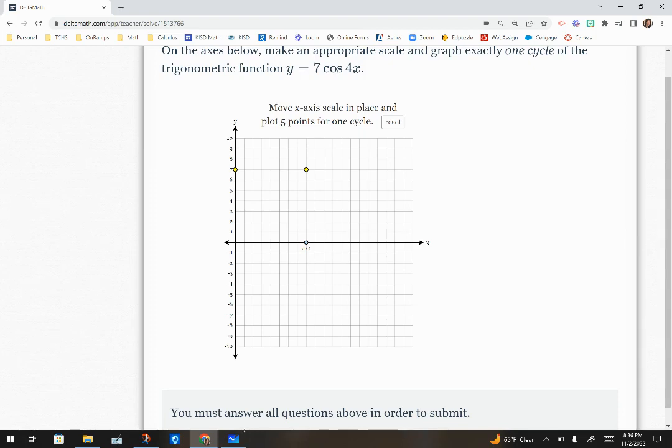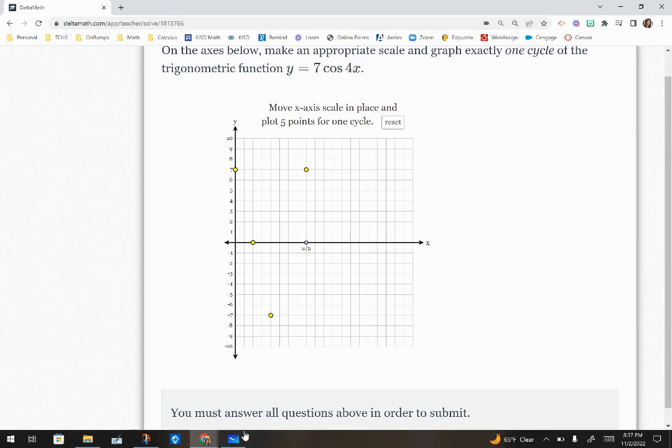And then I want you to find the middle of your 8 squares, 1, 2, 3, 4. And you are going to go down from the midline, whatever your amplitude value was. So in this case, I have to go down 7. The last 2 points are always going to be on the midline for cosine, okay? And so if I have 8 squares and then I split it in 4 to get the middle, to split the 4 again, it will be 2.